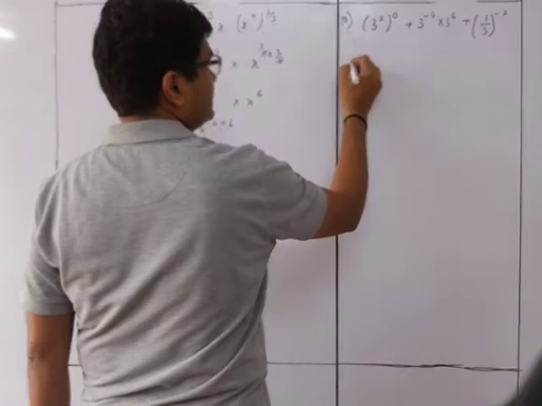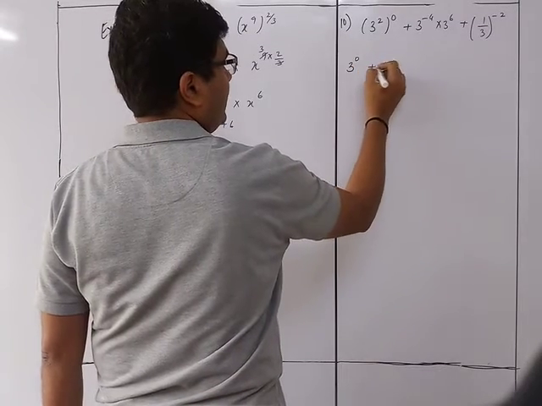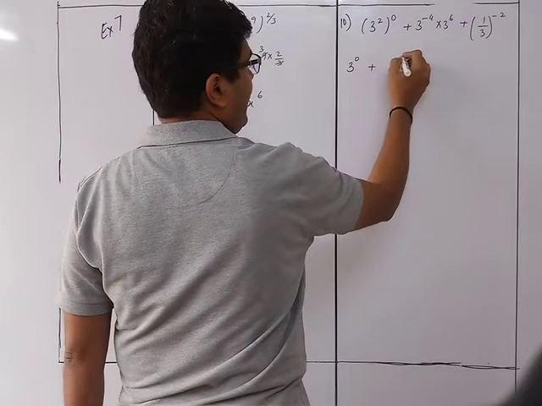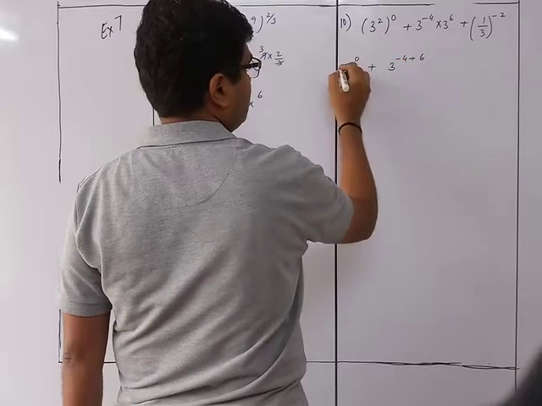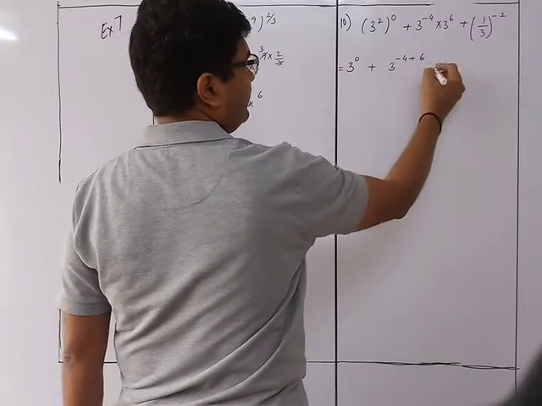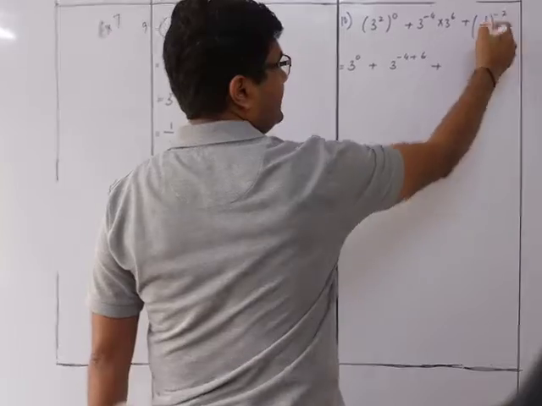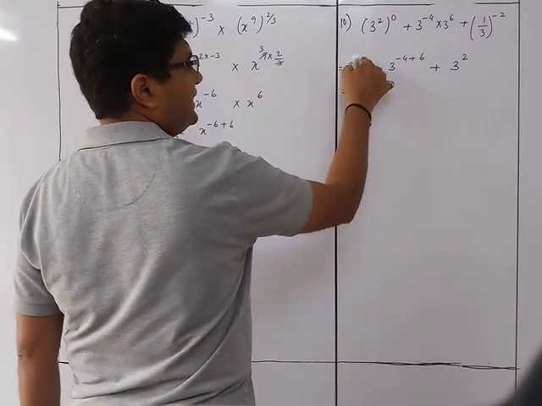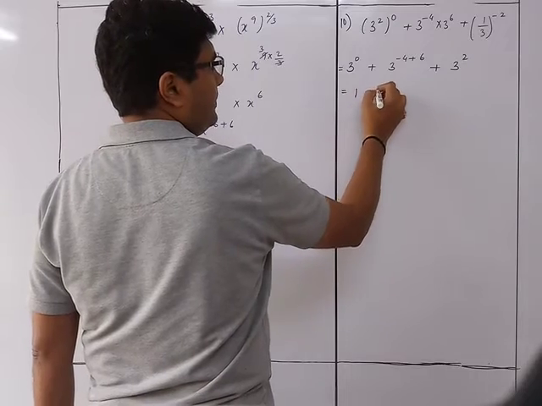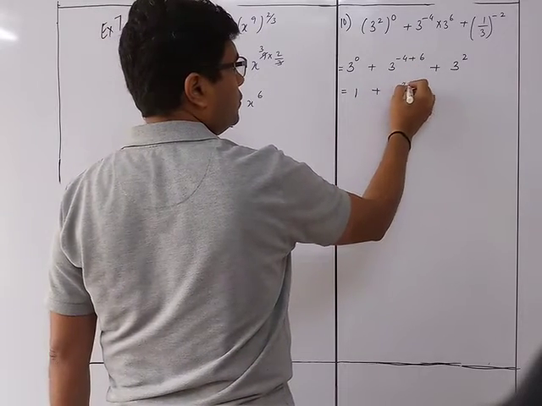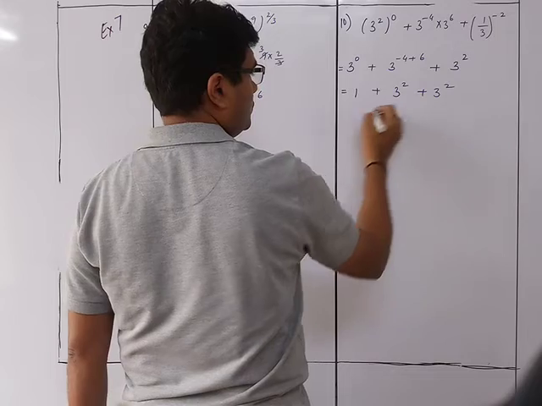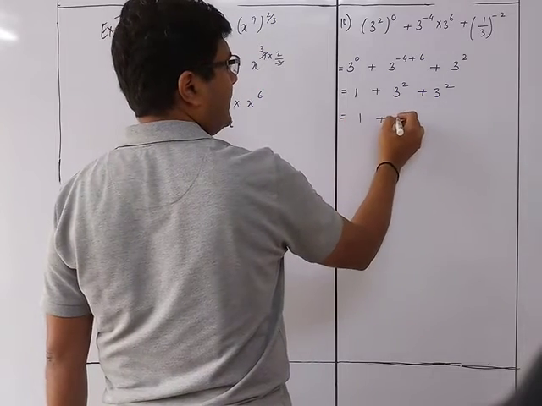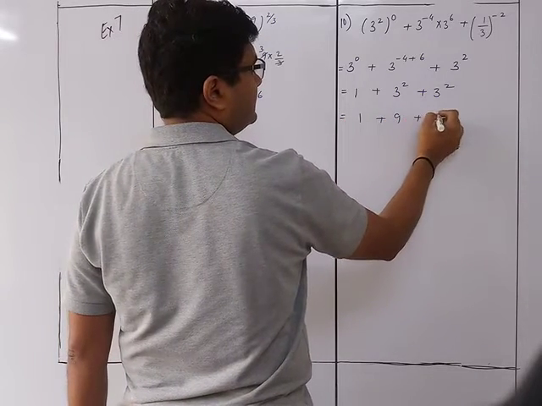Now this becomes 3 raised to 0 plus 3 raised to minus 4 plus 6, because it is multiplication, plus minus we will remove, so it will be 3 raised to 2. I know that 3 raised to 0 is 1 plus this is 3 raised to 2 plus 3 raised to 2. This is nothing but 1 plus 9 plus 9.